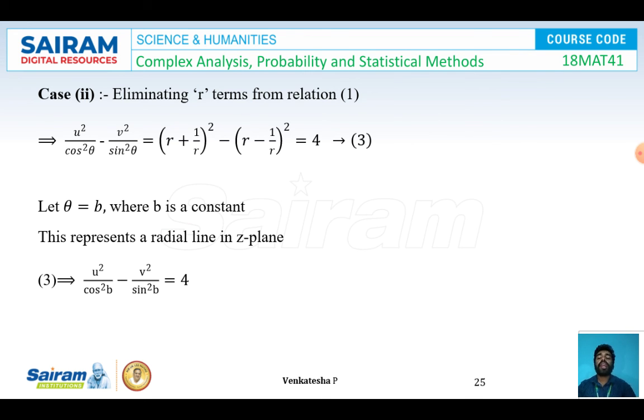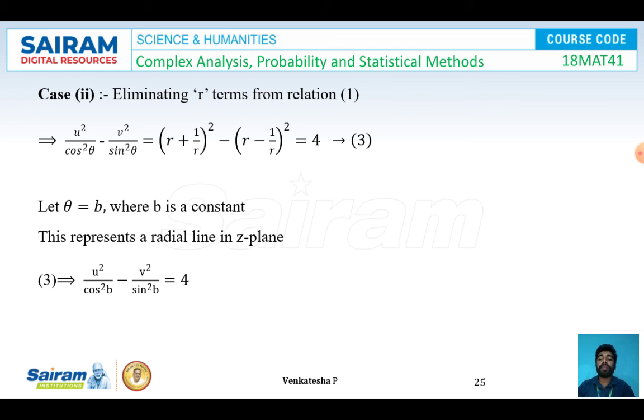Case number 2: now I am going to eliminate the r term from equation number 1. For that I am squaring and subtracting the variables u and v. So that is u square by cos square theta minus v square by sin square theta is equal to r plus 1 by r whole square minus r minus 1 by r whole square, which will be equal to 4.